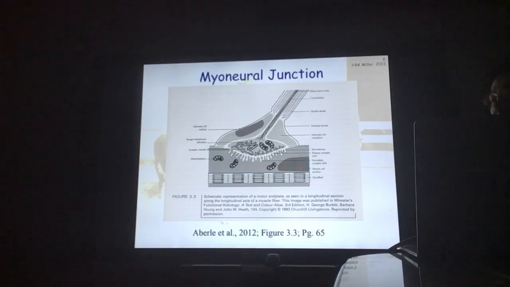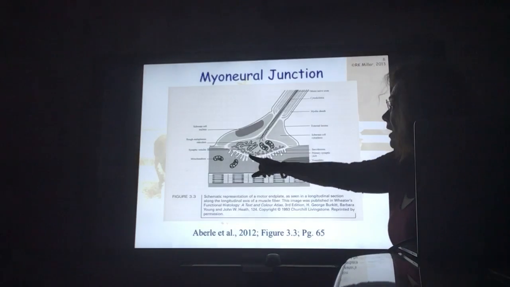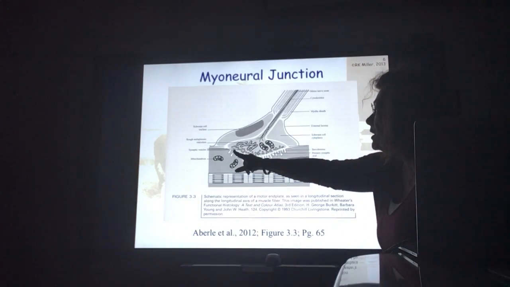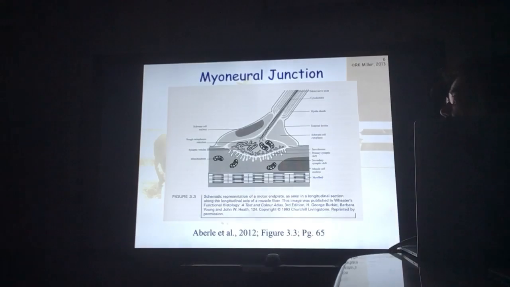It's going across the membrane of the axon, and it reaches the motor end plate where it's going to reach the axon ending. But we have this synaptic cleft right here, and we have the sarcolemma, these invaginations. And the action potential, we need a way to transfer it.